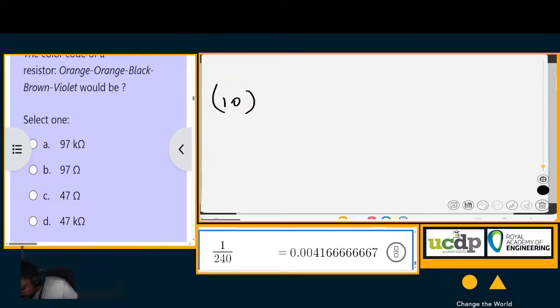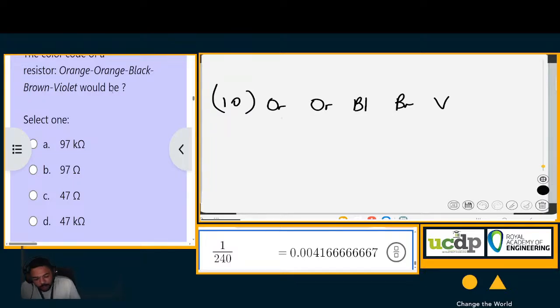The first band is orange, then another orange, then black, then brown, and then violet. We want to know what the resistance would be.